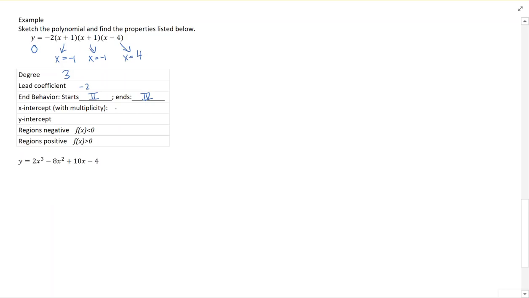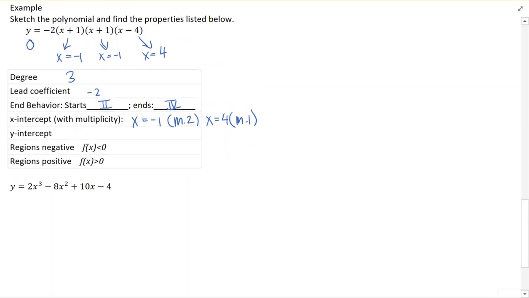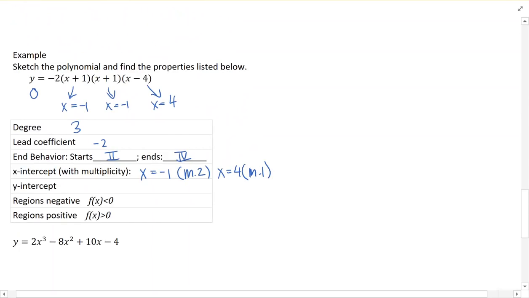So the x-intercepts include x equals -1, but what's my multiplicity? I have 2 of them, so it's going to be to the 2. And we also have x equals 4, and here we only have 1, so multiplicity of 1. Actually going to make this a little bigger. All right, and now the y-intercepts.